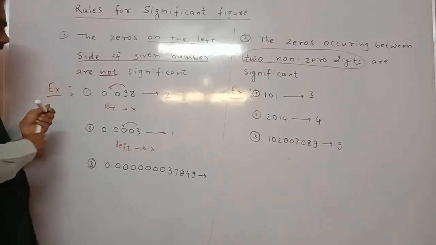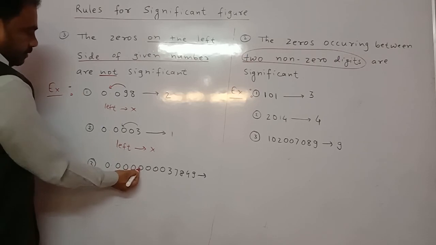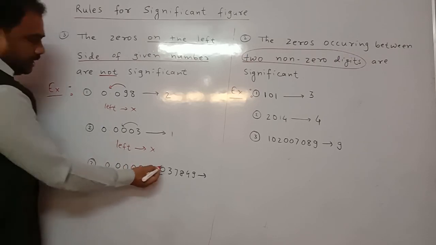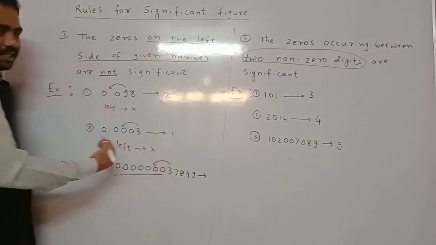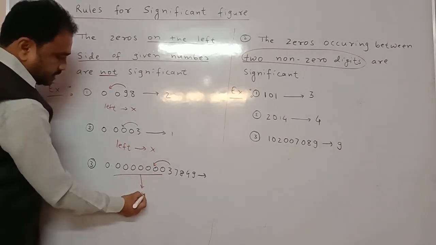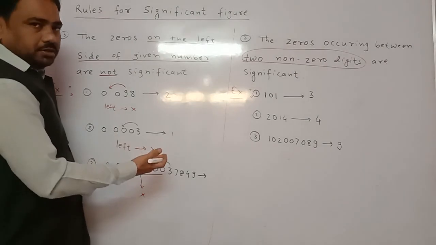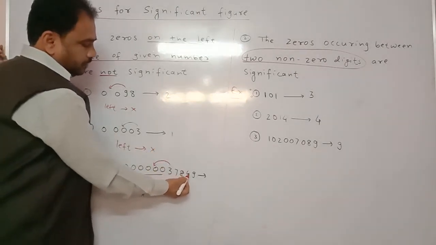How many zeros are there? 1, 2, 3, 4, 5, 6, 7. These 7 zeros are present on the left side. Therefore these zeros are never significant figures. Therefore the remaining non-zero digits, you just have to count: 1, 2, 3, 4, 5.